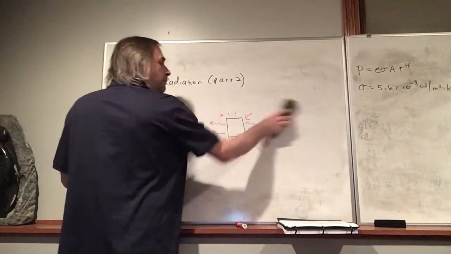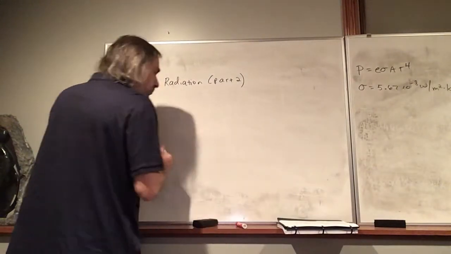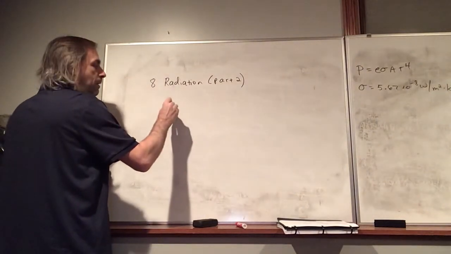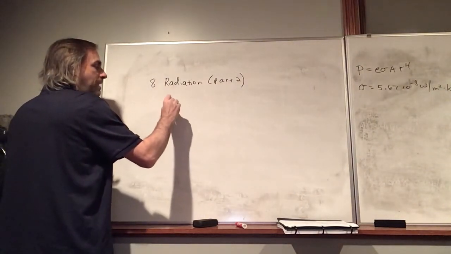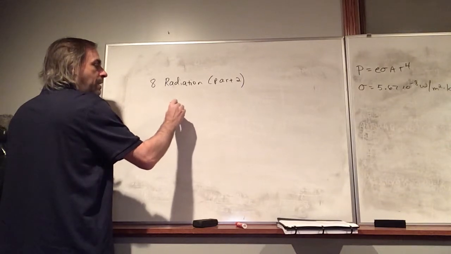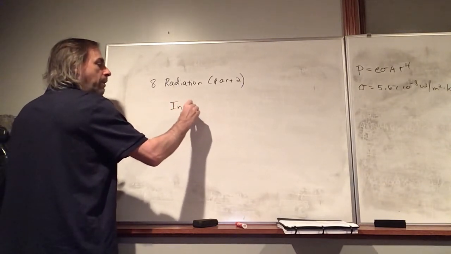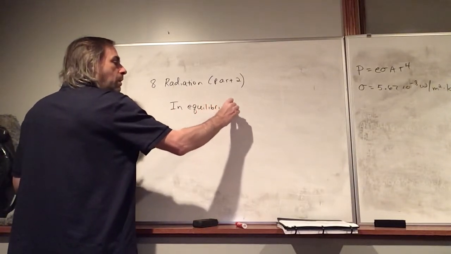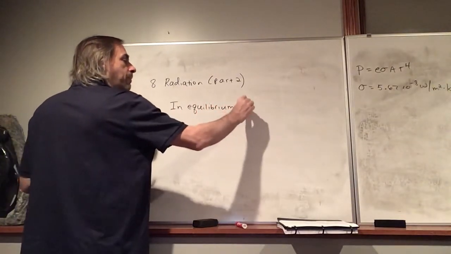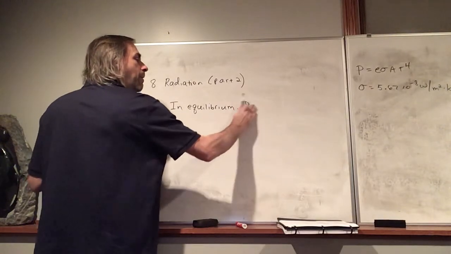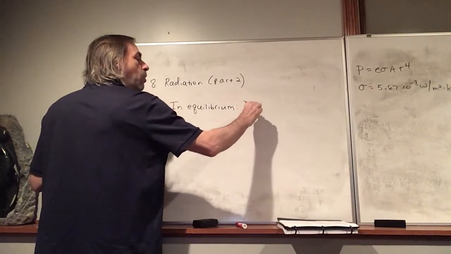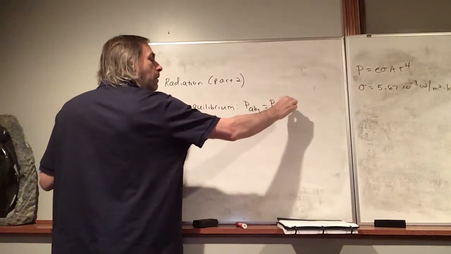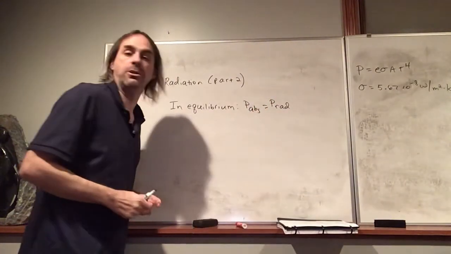So we've got power radiated, power absorbed. Let's say in equilibrium, these are equal to each other. So in equilibrium, the power that it absorbs from its environment is equal to the power that it is radiating.